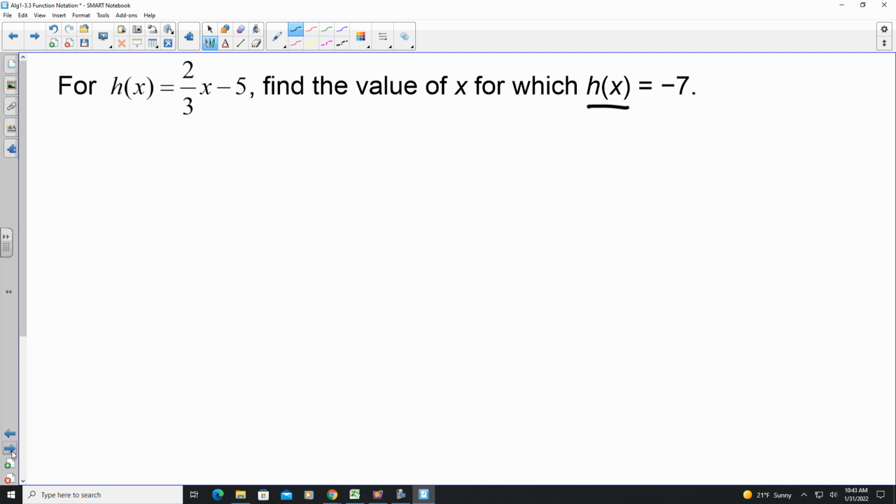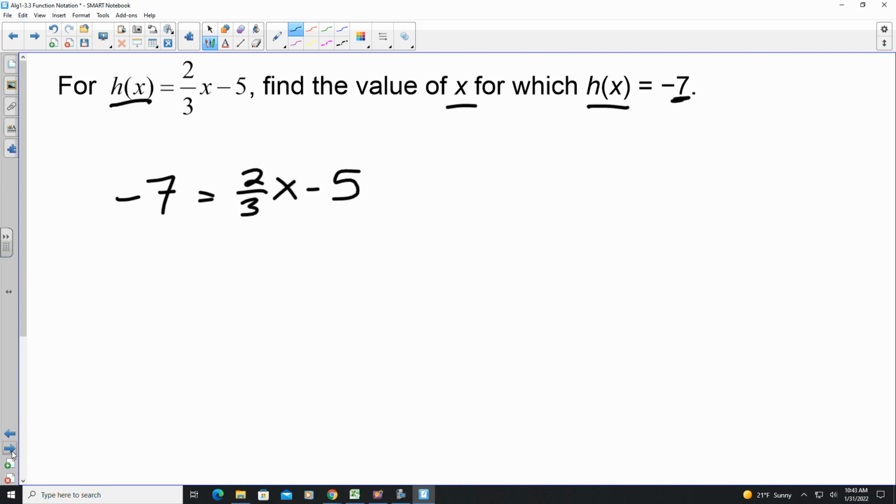So what they're asking you to do is replace h of x with -7. So replacing that, I get -7 is equal to 2/3 x minus 5. Now we're trying to find the value of x, which is great because it's the only variable there.